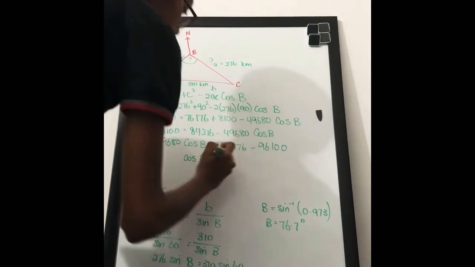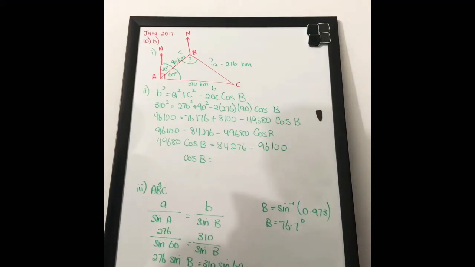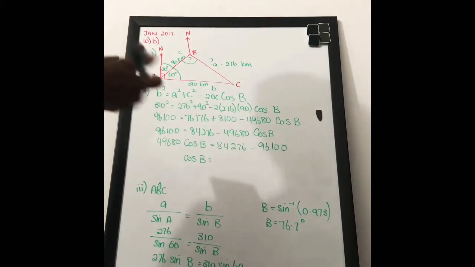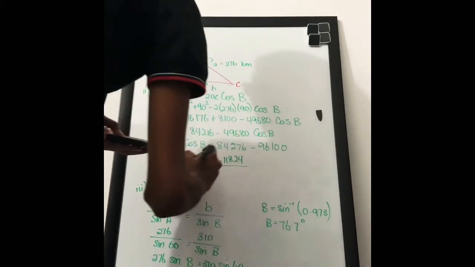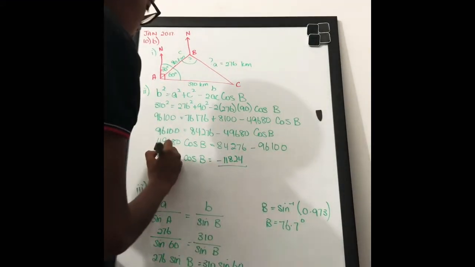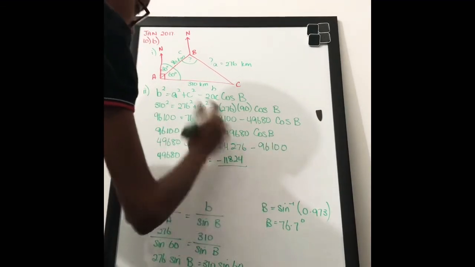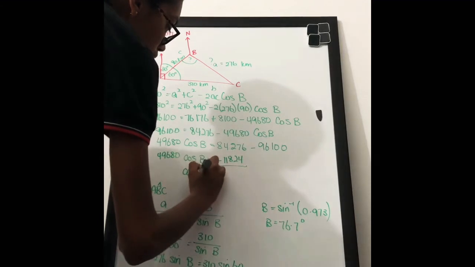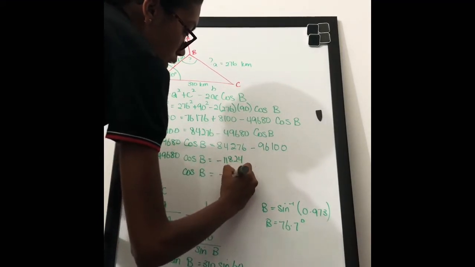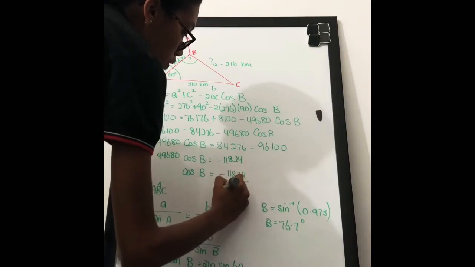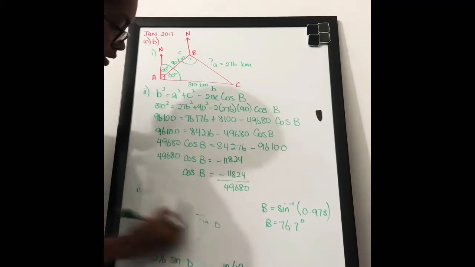Cos B is equal to 84,276 minus 96,100. We get negative 11,824 over 49,680, once we take that across.